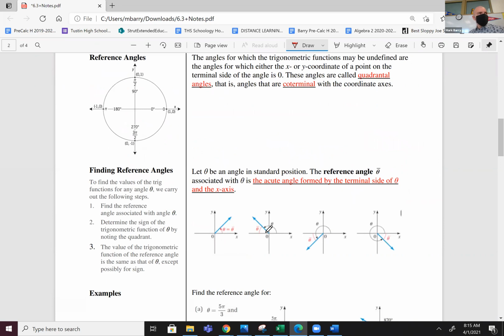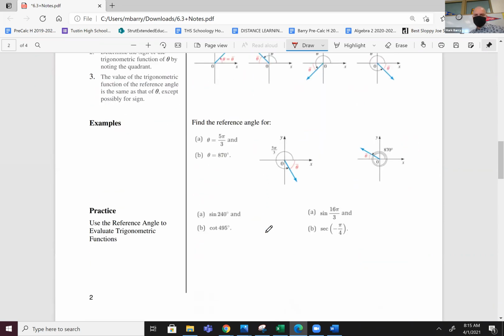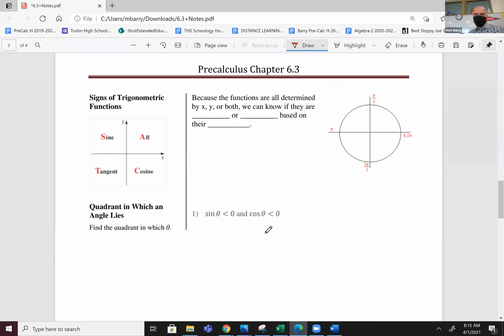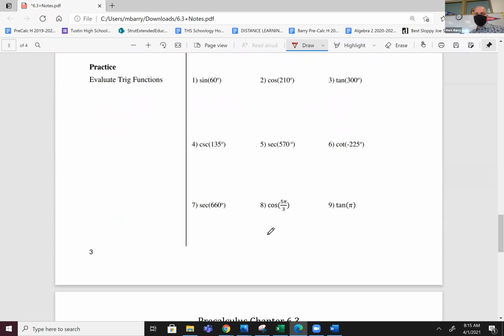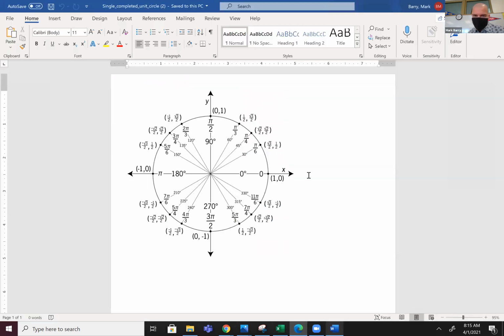I actually don't want to do this whole page. I decided, let's skip it. So let's actually go down and do this set right here, okay? So this is at the bottom of page 3. I'm going to split screen this with a unit circle I have handy here.